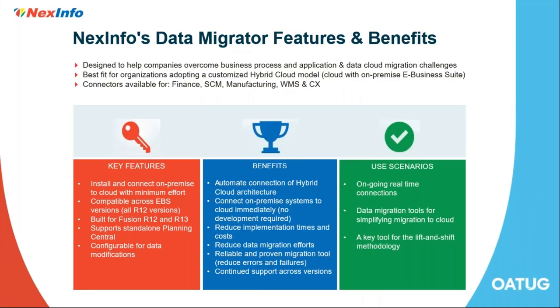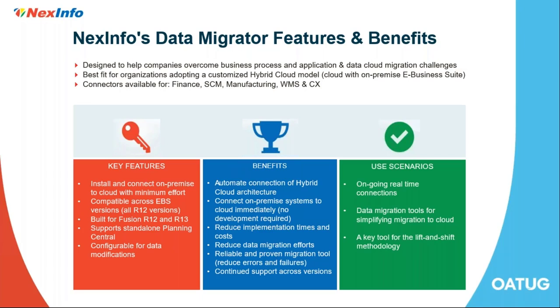One of the things I'm sure you're asking yourself is, what are the main features and benefits of this tool, so that you can feel out if this is the right solution or right tool for you and your organization. Just briefly, our migrator is designed to help companies overcome both business process and application and data cloud migration challenges. We all know that there are a lot of data challenges.